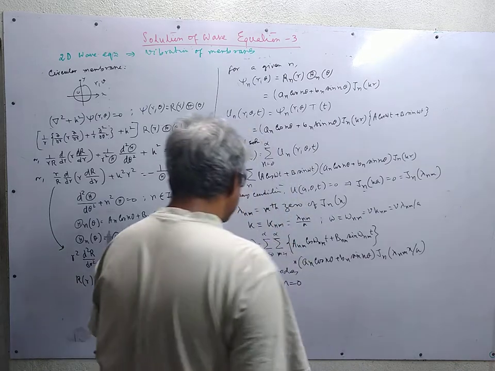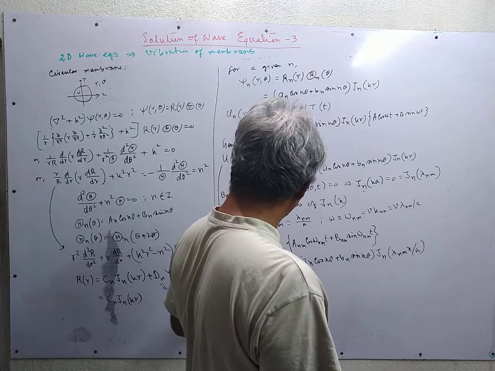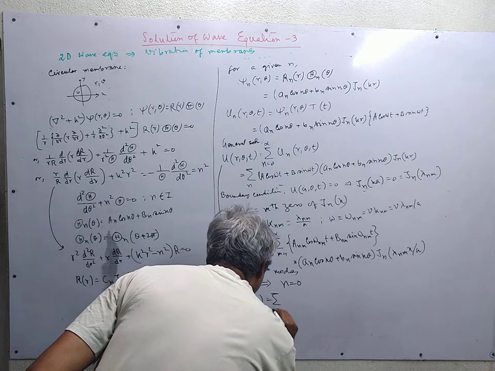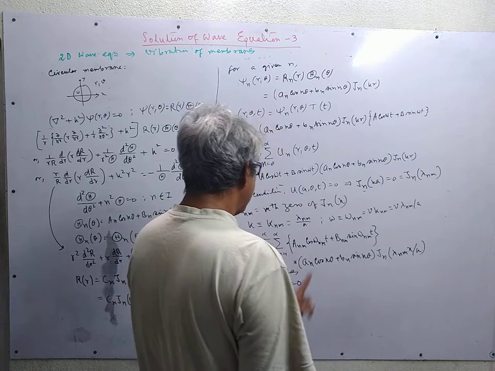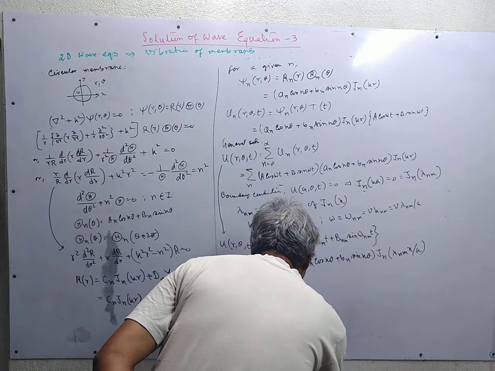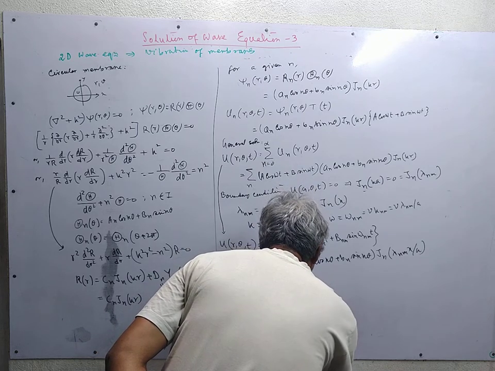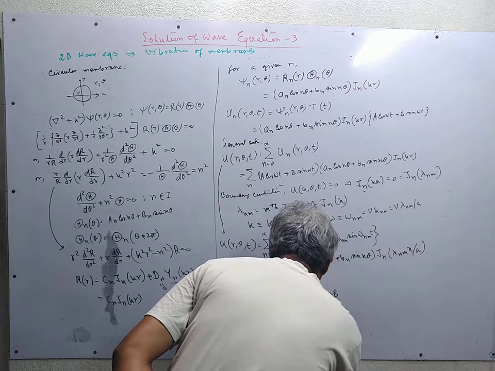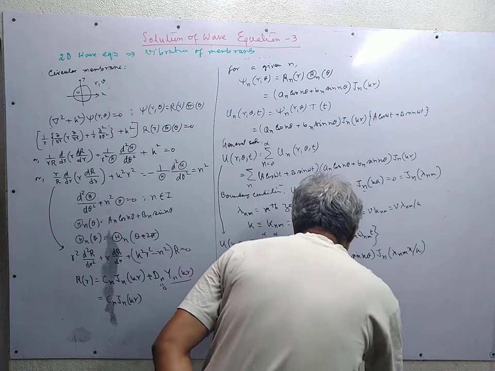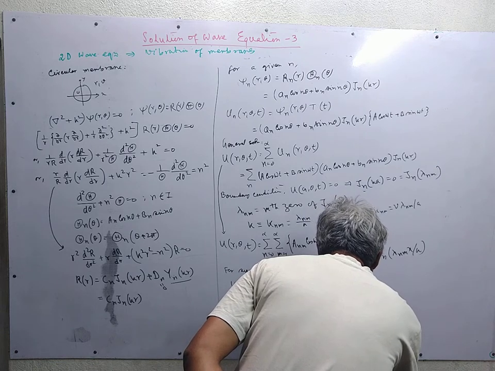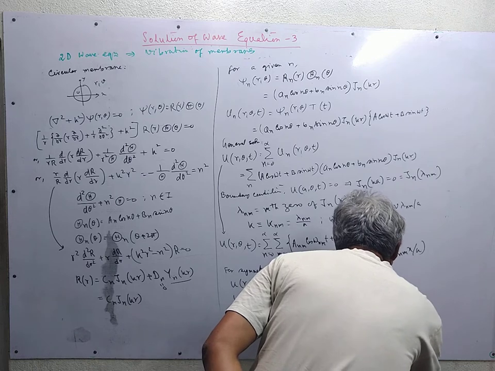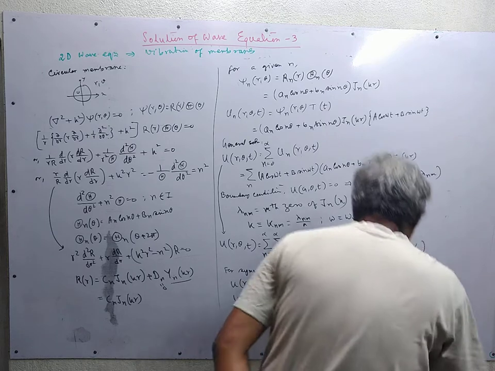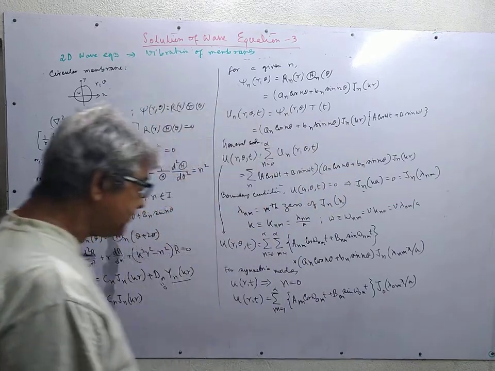Let n = 0, in which case it will be J_0 and there will be no sum over n, and the solution will be u(r,t) = summation over m = 1 to infinity of [a_m cos(ω_0m t) + b_m sin(ω_0m t)] J_0(λ_0m r/a), where λ_0m is the mth zero of J_0(x).